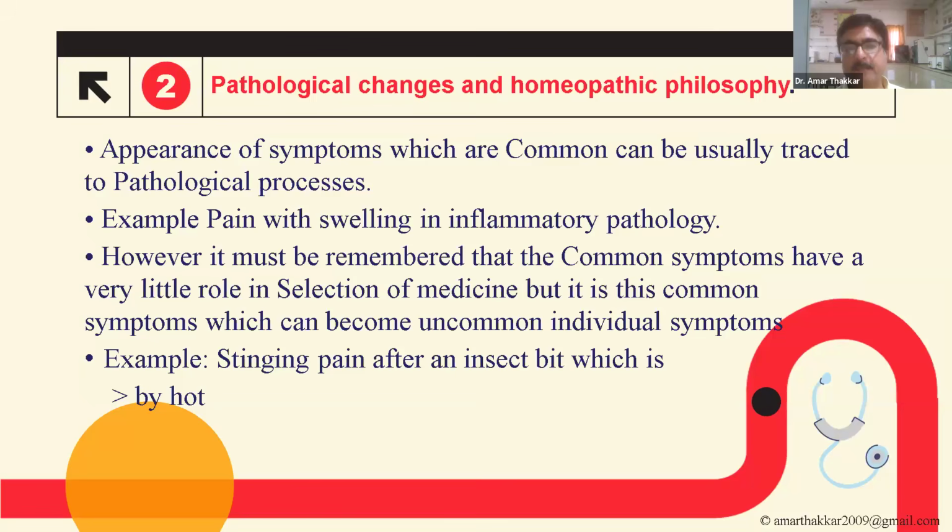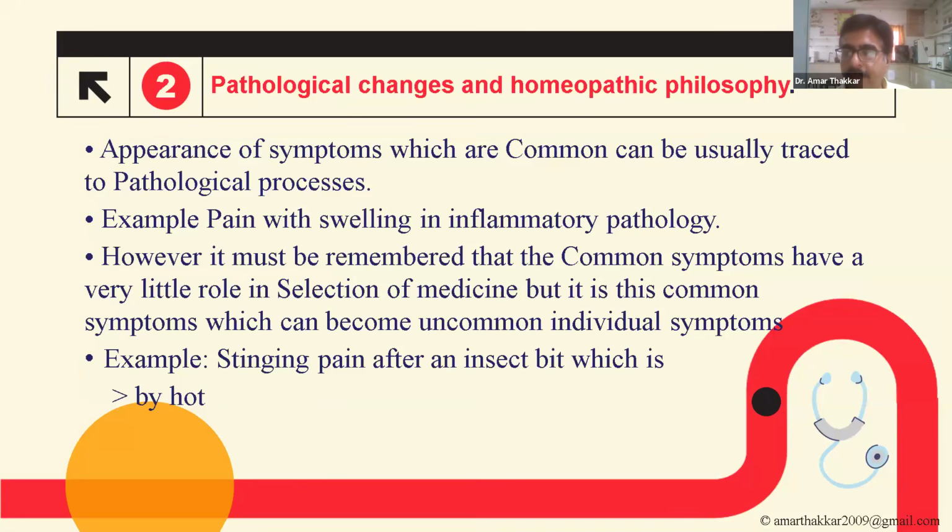From the homeopathic perspective, it must be remembered that for any kind of appearance of symptom, it is possible to trace back to a change within the body. Now, this does not apply to all symptoms. You have to remember this because homeopathy is a system of medicine which does not believe in generalization.